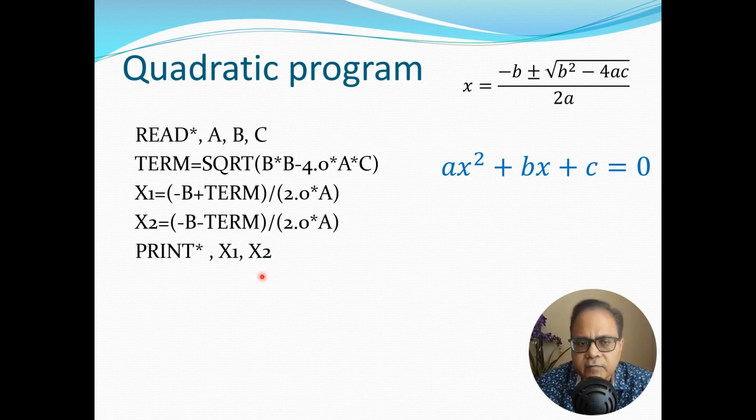Now I have dispensed with trying to define all these things as real, because if we are not doing it in Python, why do we need to do it in Fortran if we don't want to? So if you of course want to, you can do it, but we are just writing the smallest piece of code possible to get the job done. So let's read a b c. We get the particular value inside the square root, then get x1, x2, and print x1 and x2.